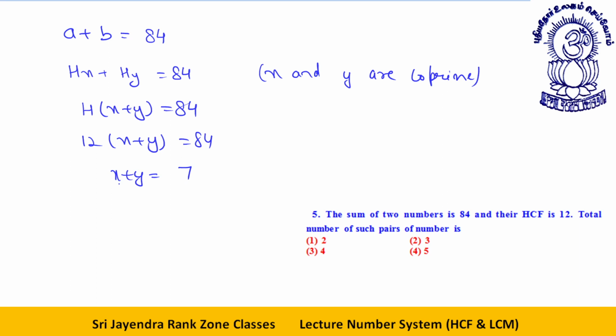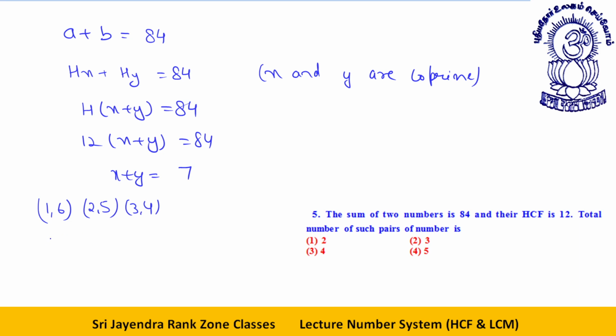Now figure out two numbers which are co-prime to each other, but their sum is 7. 1, 6, 2, 5. Yes, these are co-prime. 3 and 4 are also co-prime. Rest of the numbers will be repeated. 4, 3, this is the same. 5, 2, this is the same that way.